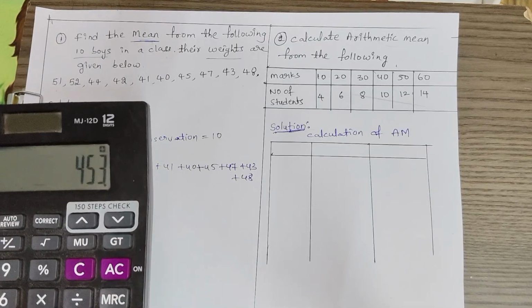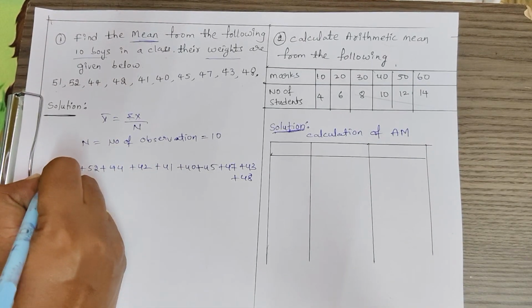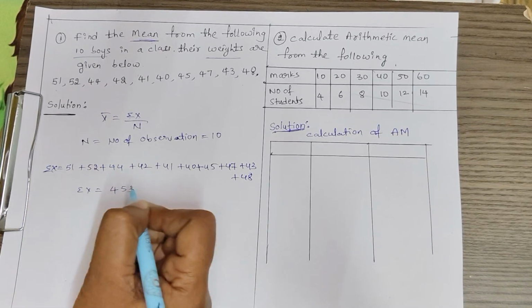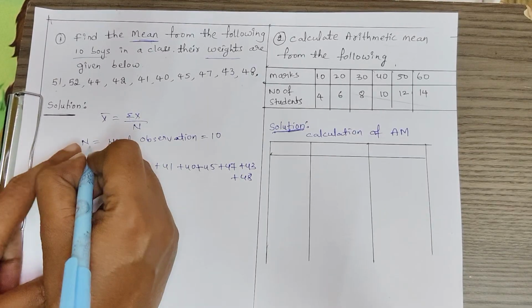What is the total here? 453. So the total summation of x is equal to 453.